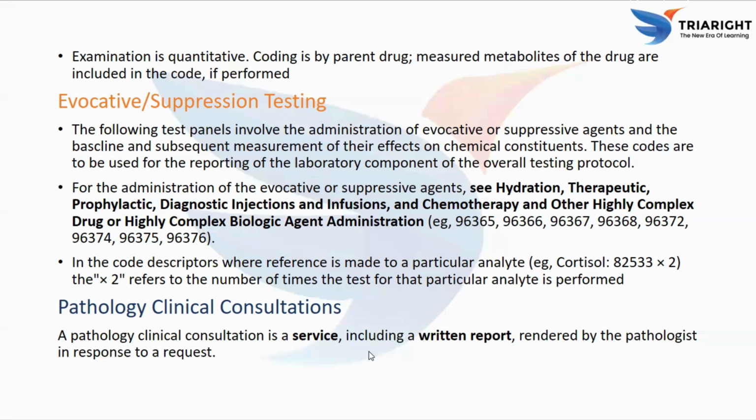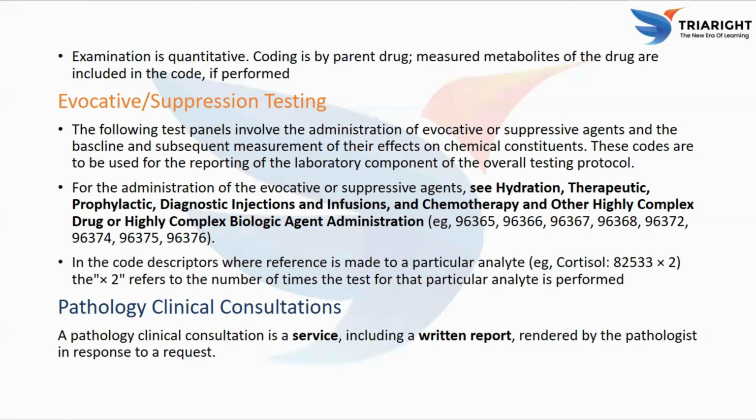So coming to pathology clinical consultations. This is not a lab test again, it's a professional service. It includes a written report provided by a pathologist when another provider requests expert interpretation. When is this used? A treating physician might ask a pathologist to interpret complex lab findings, to review unusual blood smear results, and to advise on further testing.